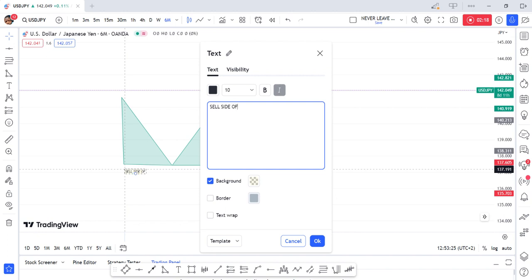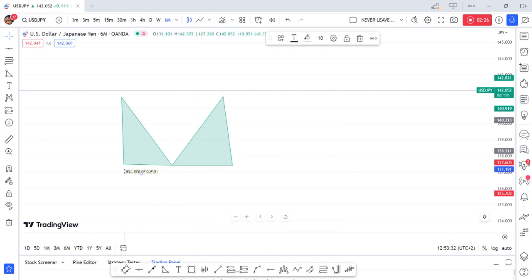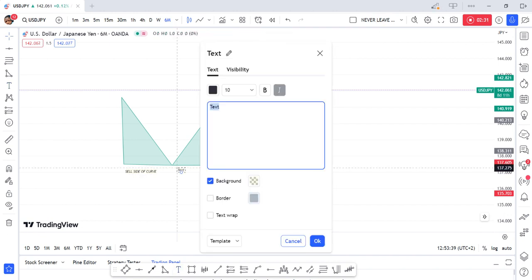If there is a sell side of curve, you will have to know that there's even a buy side of curve.